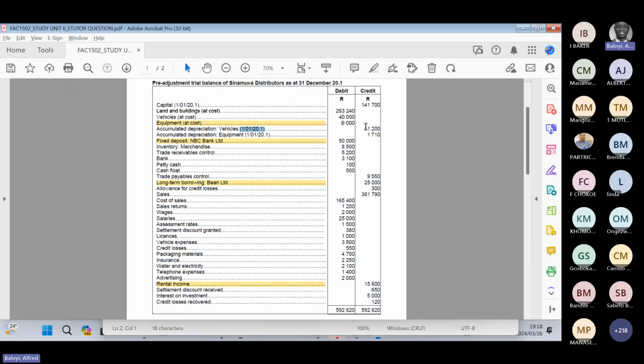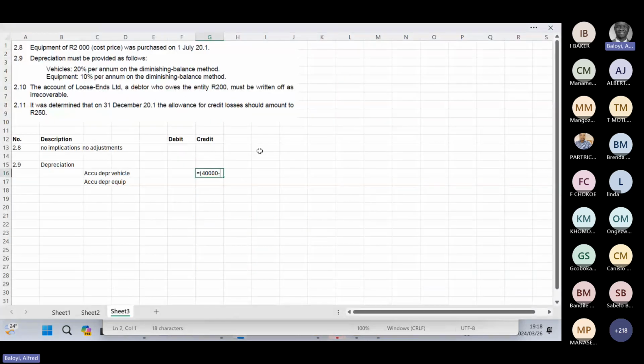You minus the 11,200 accumulated depreciation, which gives you the carrying value. You multiply the carrying value by the rate given, which is 20%. So this is the depreciation for the year for vehicles.